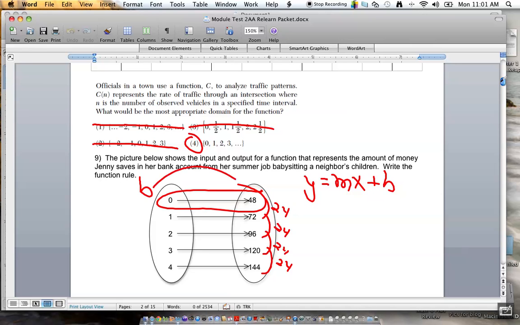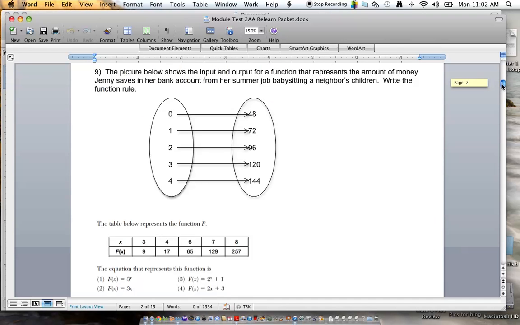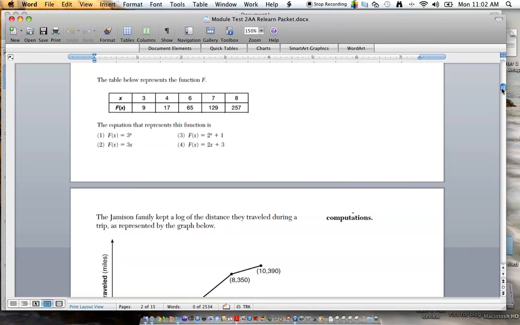It pairs up with 0. So I know b is 48, and I know that m is also known as slope, or the rate of change. So it's y equals 24x plus 48. That whole rate of change thing comes back a little later in the test to be very important, and so does the slope of that particular problem, so we'll check that out then.